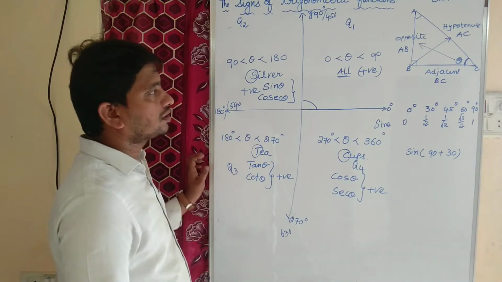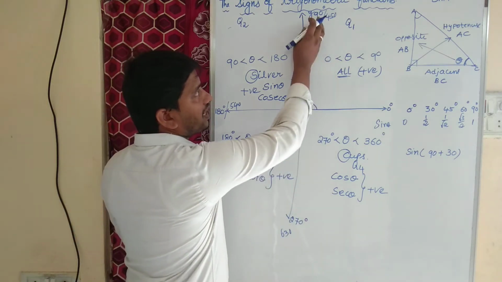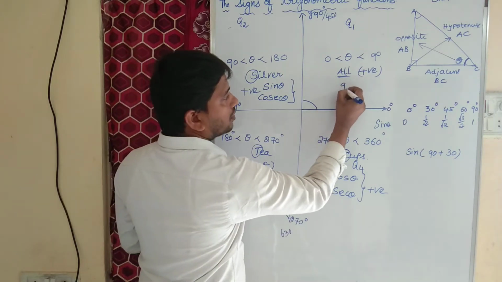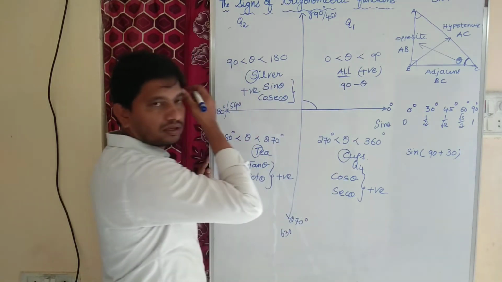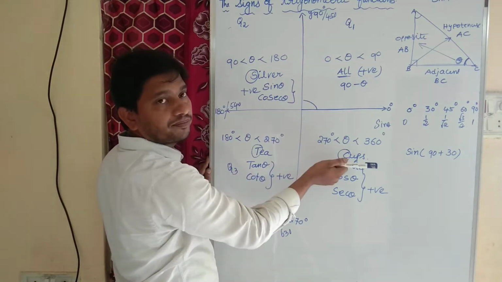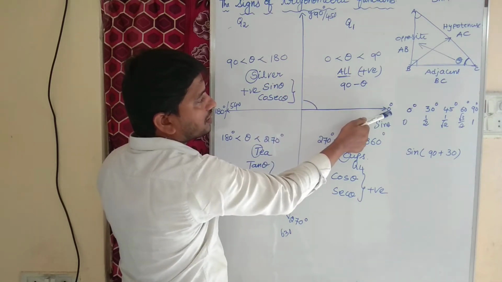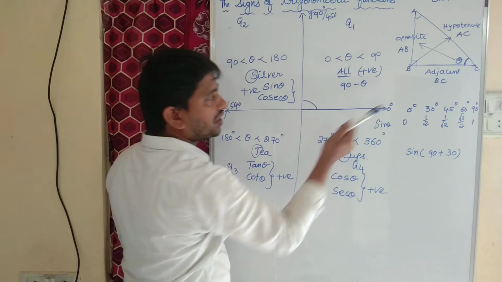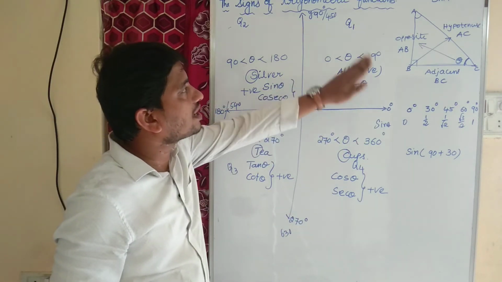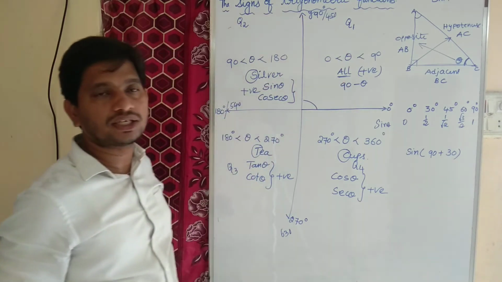Students listen carefully, because coordinate 1 lies between 0 to 90, I mean 90 minus theta. Here the angle is below 90. For example, here you consider the angle as theta, so the angle is always less than 90, that's why we wrote 90 minus theta.